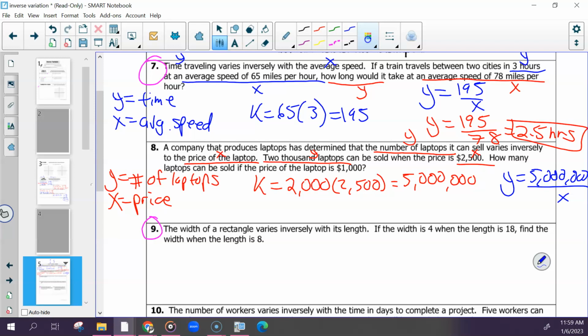Then the question says, how many laptops can be sold if the price of the laptop is 1,000? So are we looking for y or x? Y again. So put in the 1,000 for x.